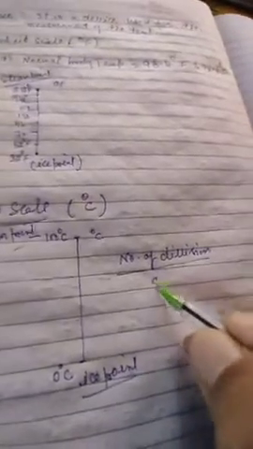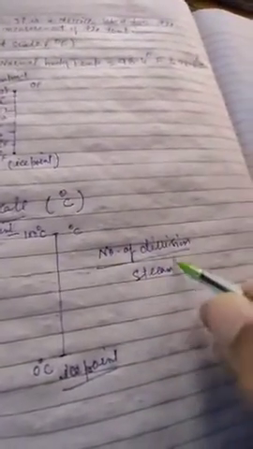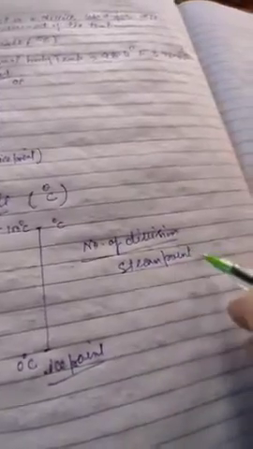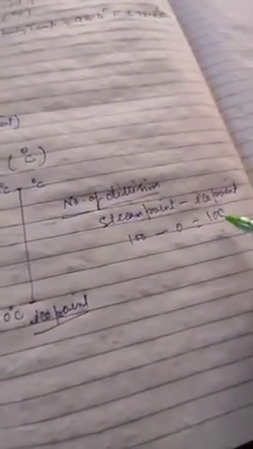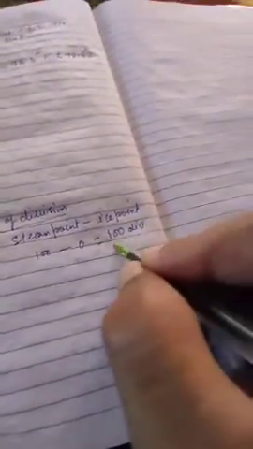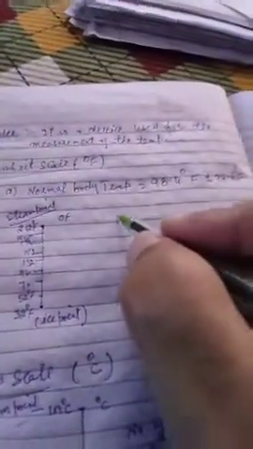Steam point minus ice point. So the steam point is 100 and the ice point is 0. It means between 0 and 100 there are 100 divisions. Number of divisions, you can write here, 100 divisions. Clear?